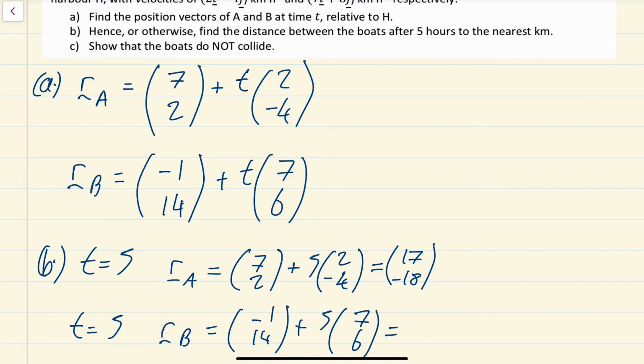If you do that out, that's going to be -1 plus 35, which is 34, and then 14 plus 30, which is 44. So that's the position vector of those two boats.